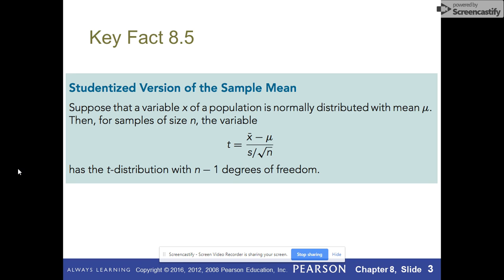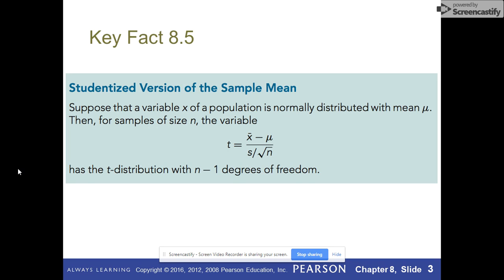So the studentized version of the sample mean is just this, using this formula here: t equals x bar minus mu over s divided by the square root of n. Notice that this looks pretty familiar. We replace t with z, or z with t, and now instead of having our population standard deviation in our denominator, we have our sample standard deviation.